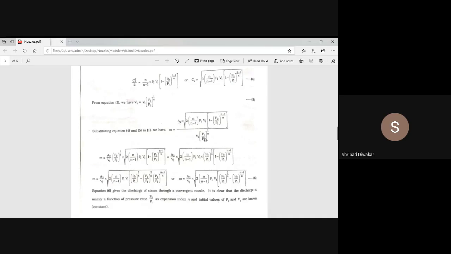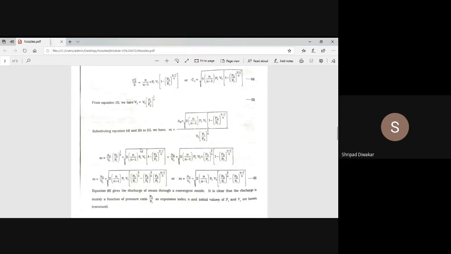Here A2 by V1 into, instead of writing P1 by P2, because I took it in the numerator, P2 by P1 to the power of 1 by n, and in the bracket you write as it is, because these terms I took in the numerator. A2 divided by V1 I took, this P1 by P2 also I took in the numerator.